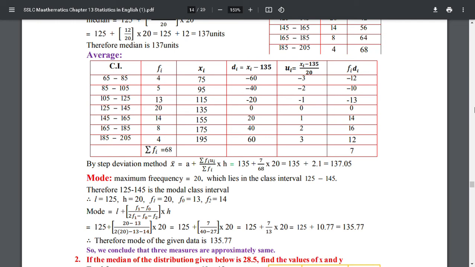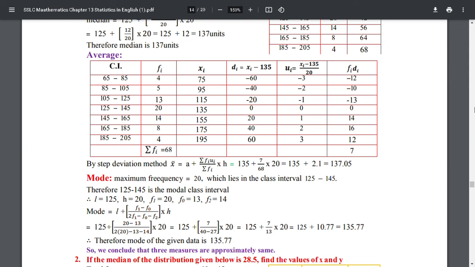Next Fi into Ui. 4 into minus 3 is equal to minus 12. 5 into minus 2 is equal to minus 10. 13 into minus 1 is equal to minus 13. 20 into 0 is equal to 0. 14 into 1 is equal to 14. 8 into 2 is equal to 16. 4 into 3 is equal to 12.